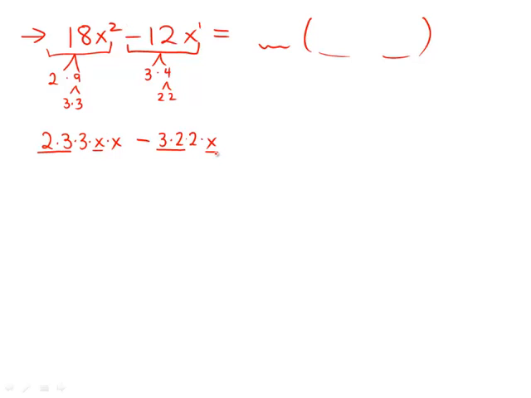Well, only 1 is common to both. So that tells us that 6x can be taken out. 6x is called the greatest common factor because it is the biggest number that will divide both 18x squared and 12x.